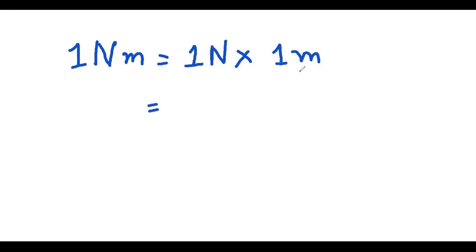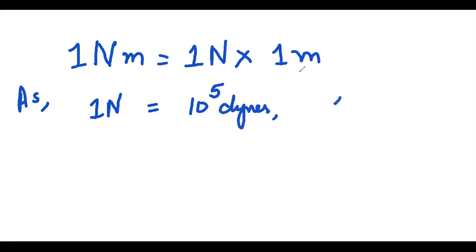Since we have already learned today that 1 Newton means 10 raised to power 5 dynes, while in 1 meter we have 100 centimeter, which means 10 raised to power 2 centimeter.